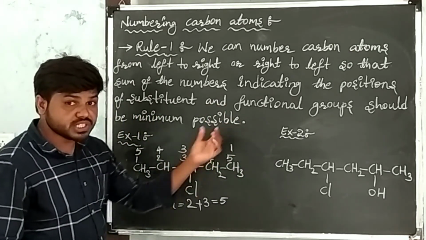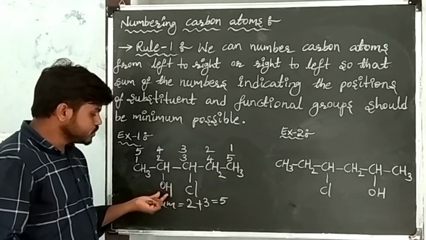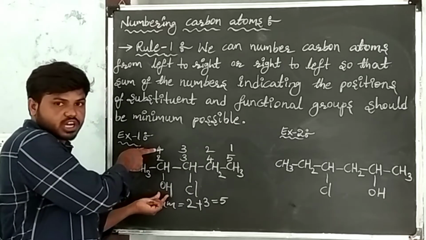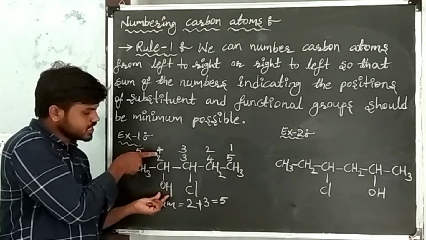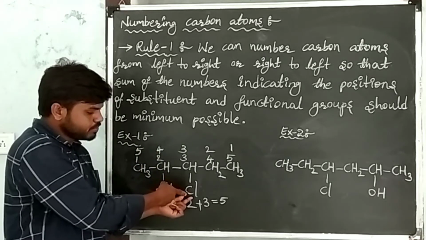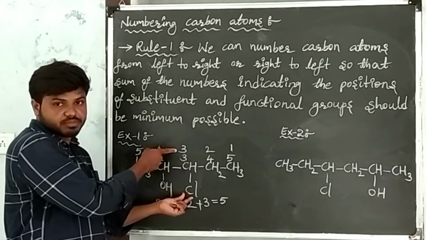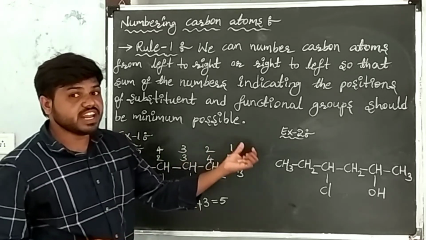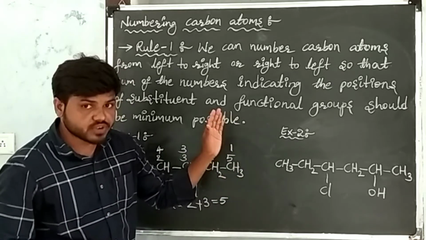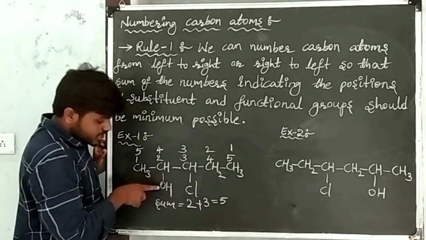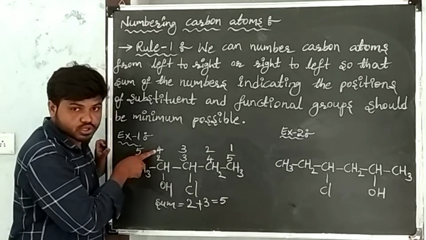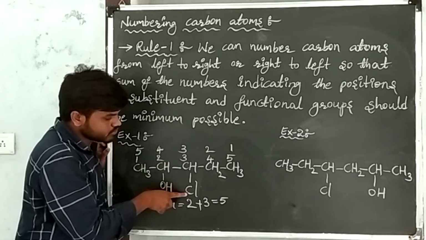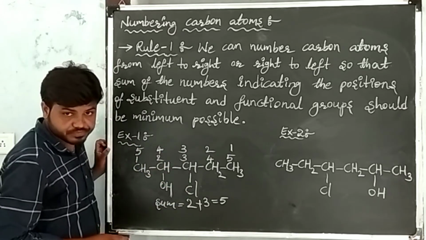When I give numbers from right to left, the position of alcohol is fourth carbon and the position of chlorine is third carbon.